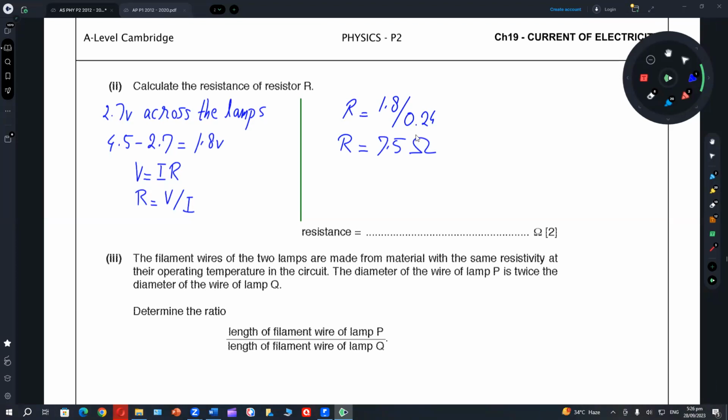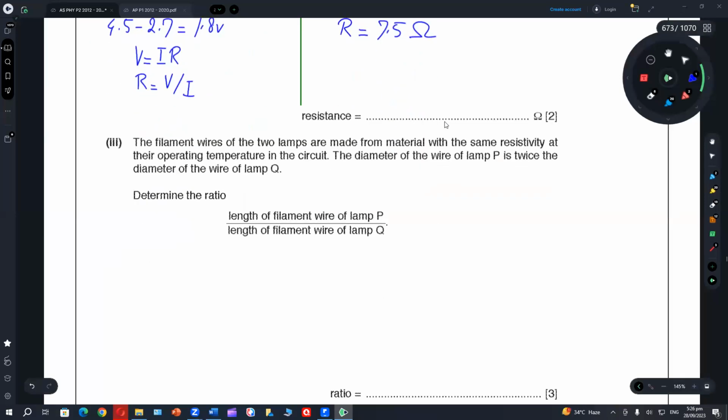Now read the next part. The filament wires of the two lamps are made from materials with the same resistivity.